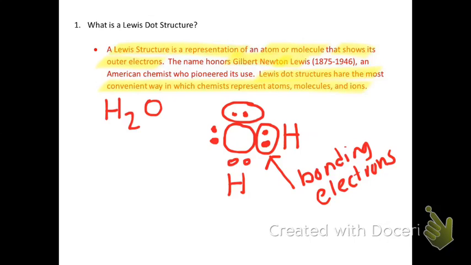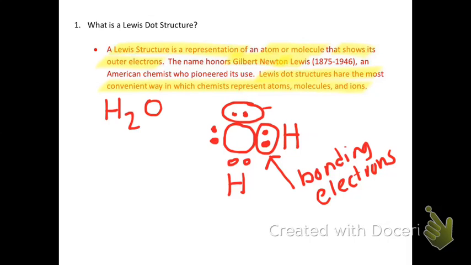Bonding electrons are just what it says. They're electrons that form a covalent bond. And every covalent bond has 2 electrons that are being shared by 2 nonmetal atoms. You know that from last lecture. So we use those 2 dots as bonding electrons.